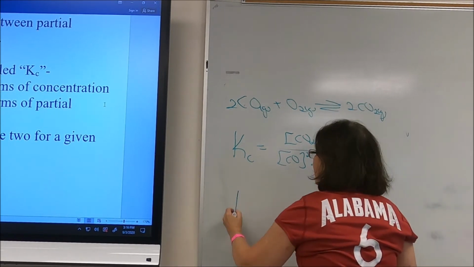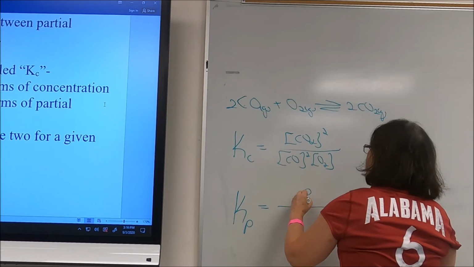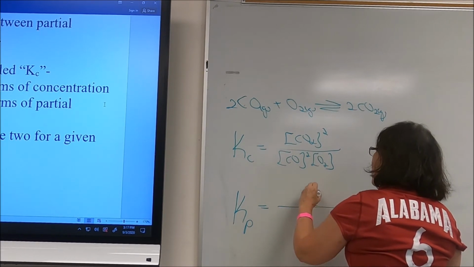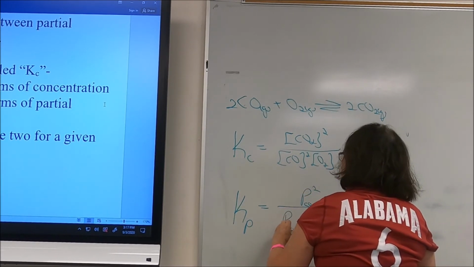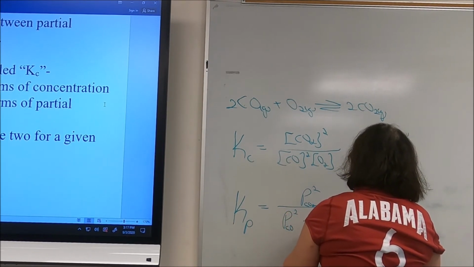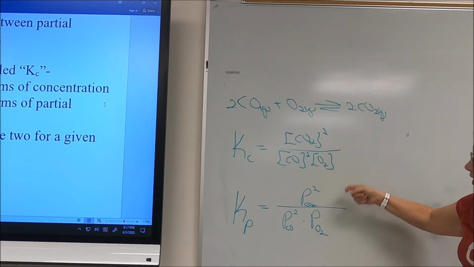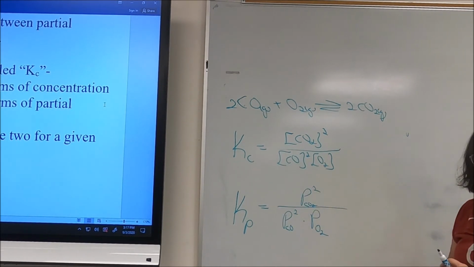That's Kc. Kp would look like this: the partial pressure of carbon dioxide squared over the partial pressure of carbon monoxide squared times the partial pressure of oxygen. Okay, so this is in terms of concentration, this is in terms of partial pressure.